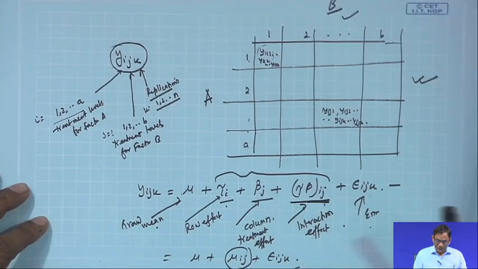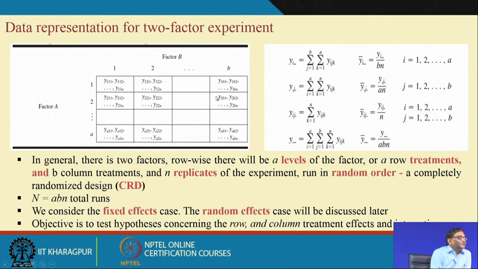Okay. So let us see the table again. If you take the sum total across rows, that will be yi dot dot. If you take the sum total across columns, that will be y dot j dot. If you take the sum total of observations in a cell, it is yij dot.